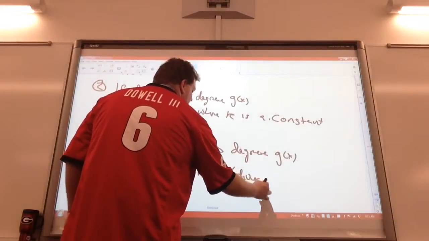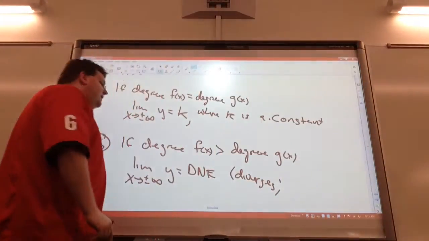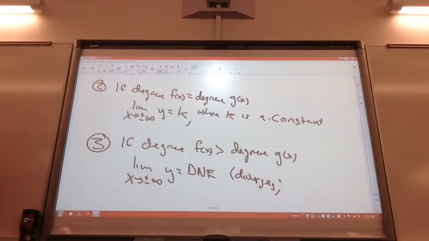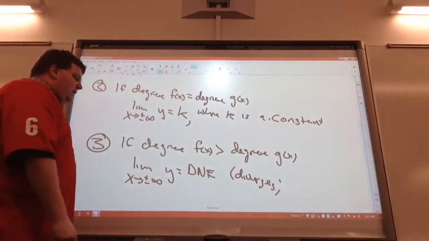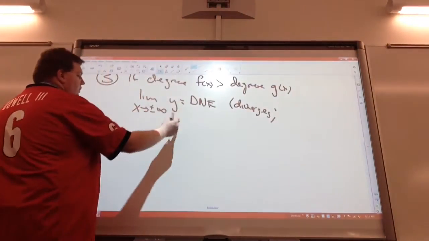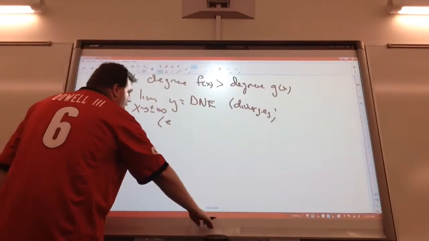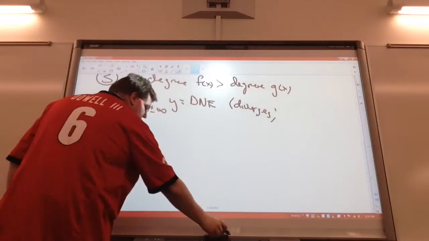It diverges, is the proper term for it. You're not going to see that in the AP, but the actual term we would use is that it diverges. This last case, by the way, you can use to demonstrate end behavior.